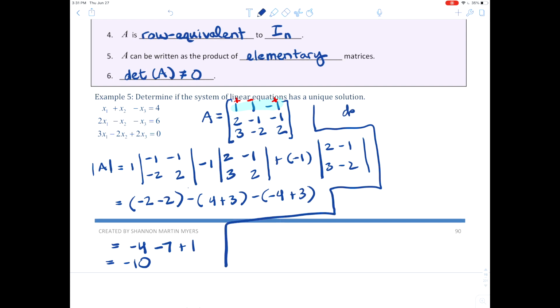The determinant of this coefficient matrix A is equal to negative 10, which is non-zero. So therefore, by all of those equivalent statements, what does that mean? There exists a unique solution to this system.